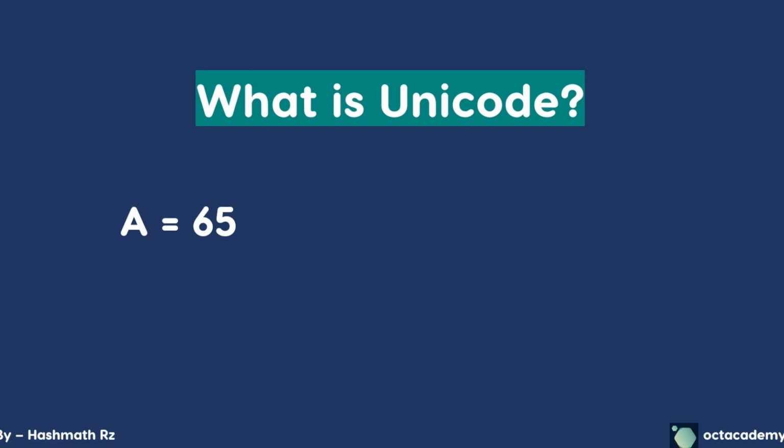For uppercase A, the Unicode number is 65, and for the lowercase letter a, the Unicode number is 97. Like this, each and every uppercase and lowercase letter, and all of the numbers and special characters, have a unique Unicode number, right? Some of you may wonder, how do I know the exact Unicode for the capital A and simple a letters?